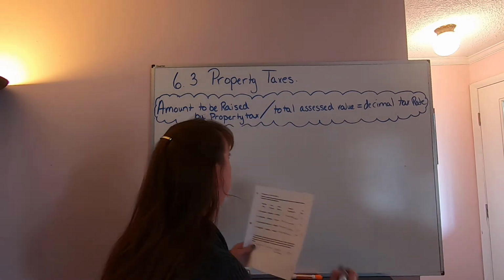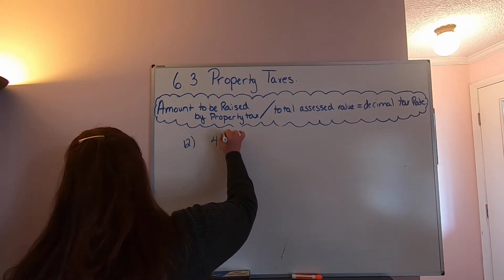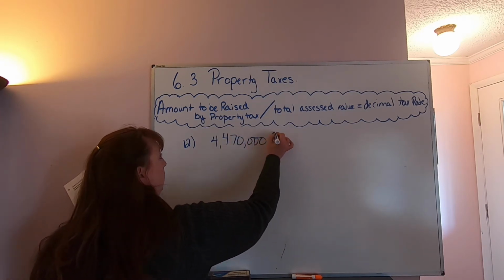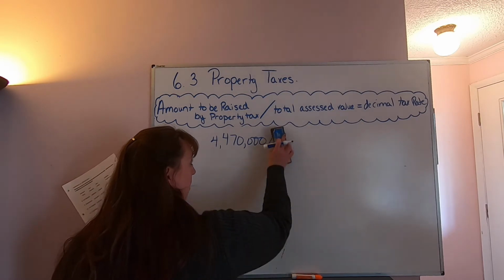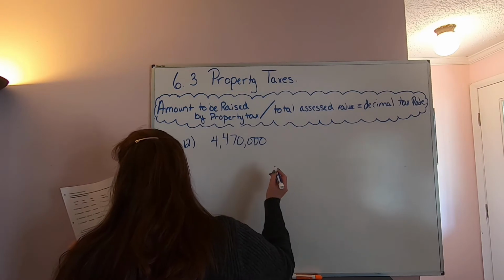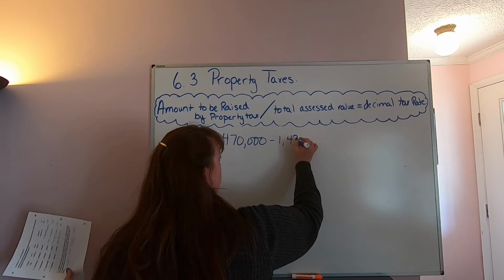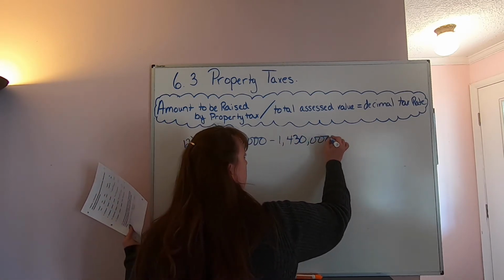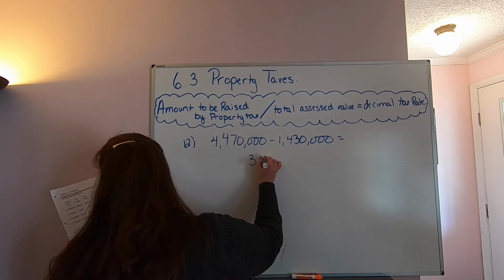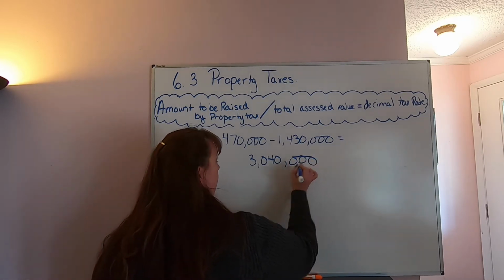Their budget is $4,470,000. We need to subtract out the other income that we're going to get from other sources, which was $1,430,000, giving us a difference of $3,040,000 that still needs to be raised.